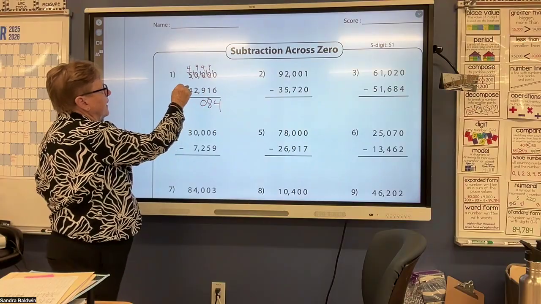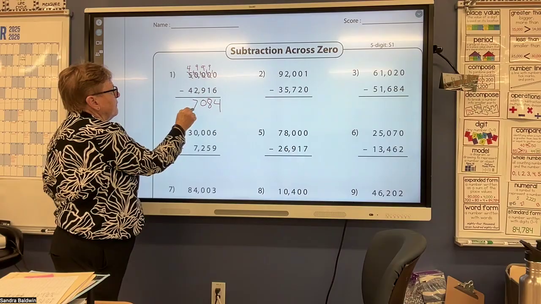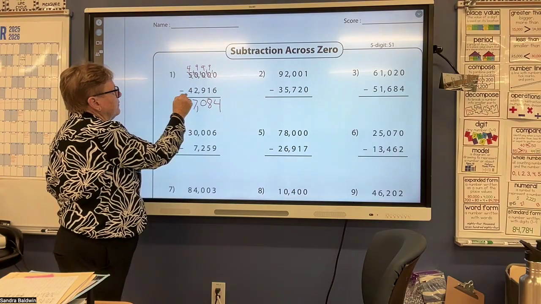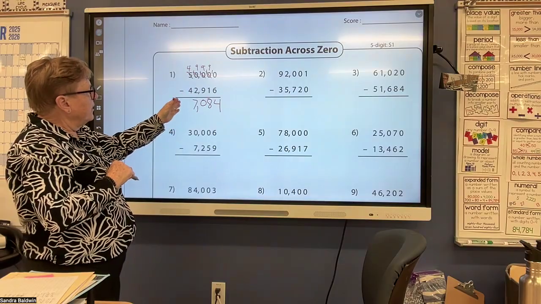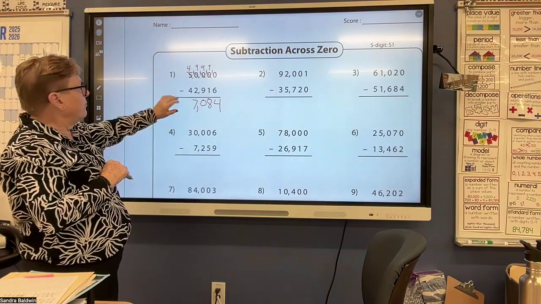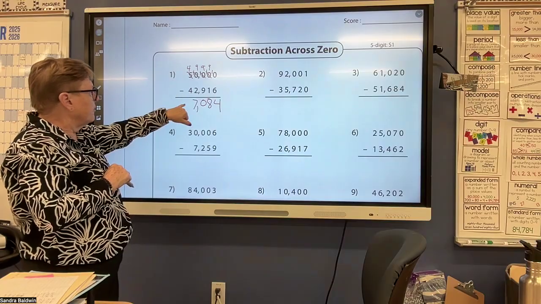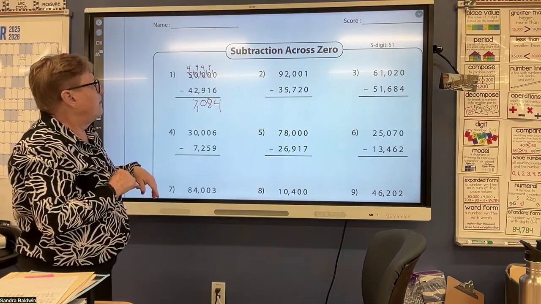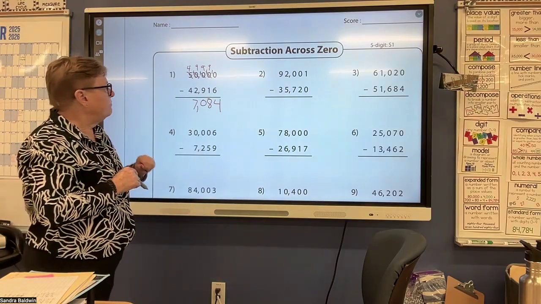That takes us to the thousands place. 9 minus 2 will be 7. And 4 minus 4, again, 0. But if it's that biggest value, I don't have to put the 0 there. 4 minus 4 is nothing, so I just leave it. So the answer is 7,084.